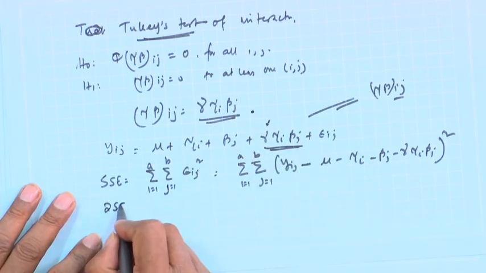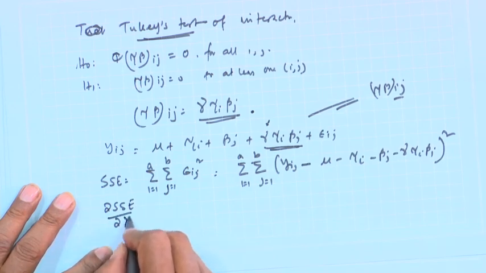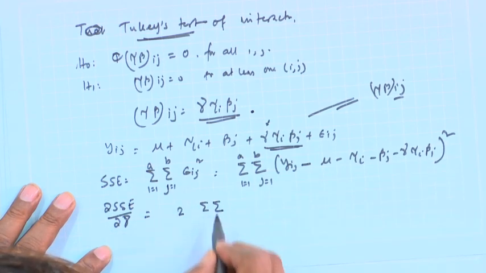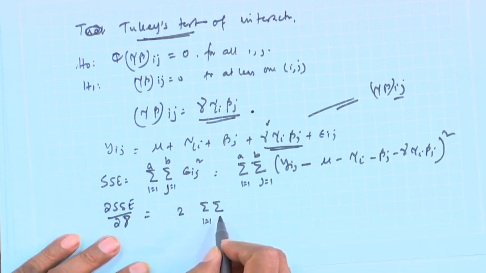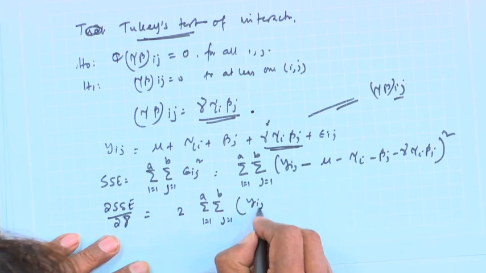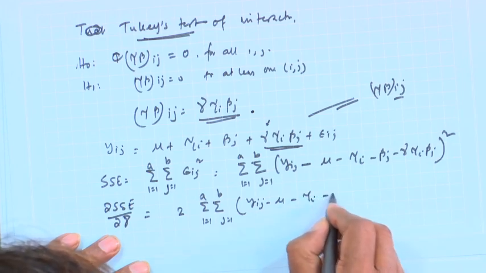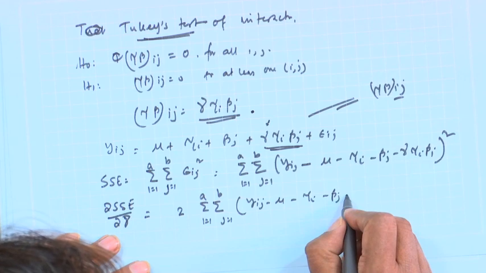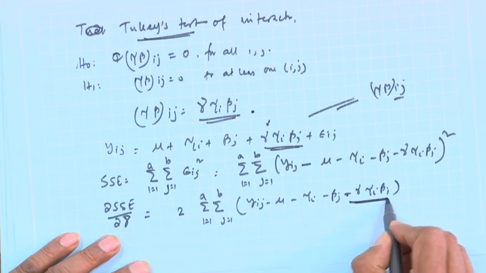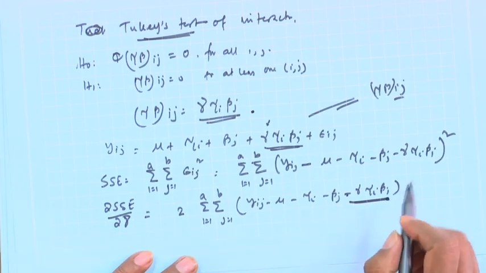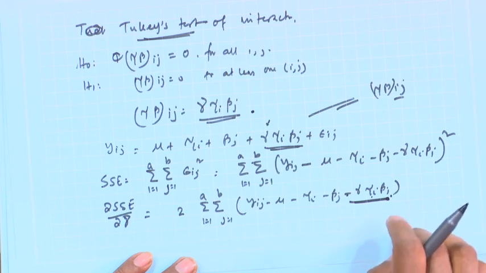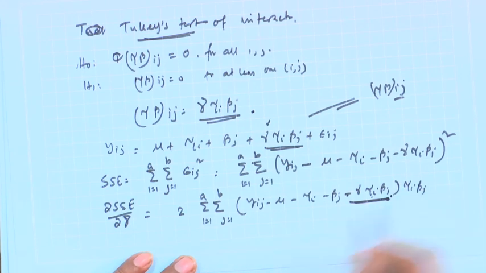So, if you differentiate with respect to gamma, what you will get is 2 times the sum over i equal to 1 to a, j equal to 1 to b, of (y ij minus mu minus tau i minus beta j minus gamma tau i beta j), and the derivative will give you another quantity, tau i beta j, multiplied in.